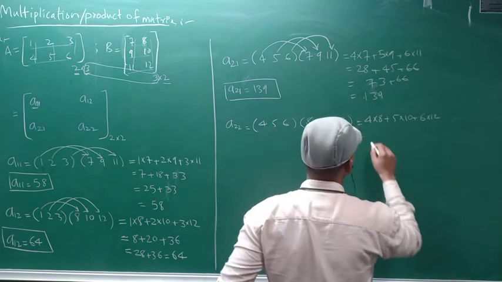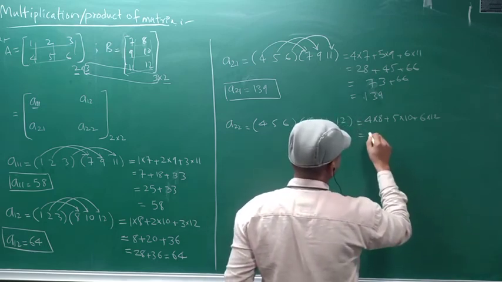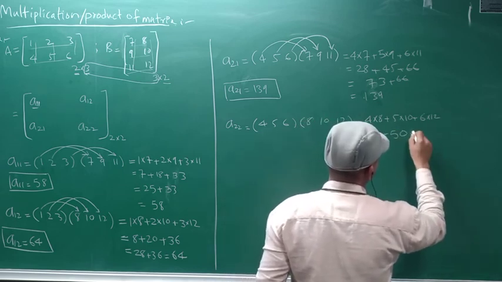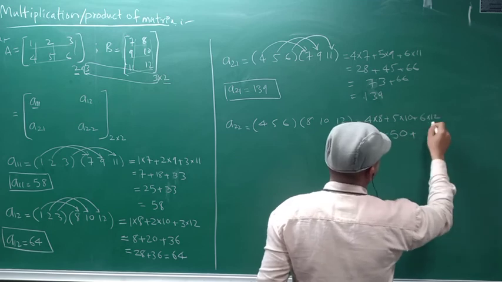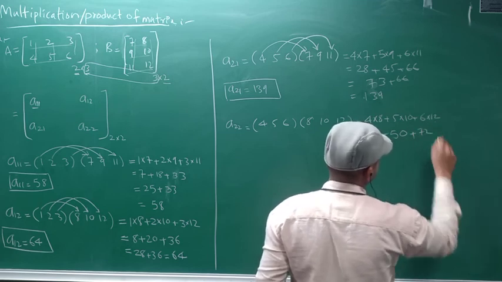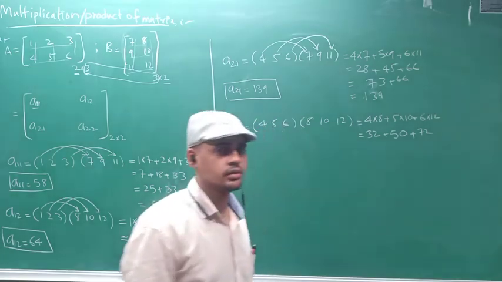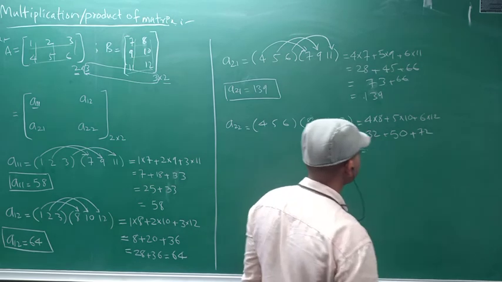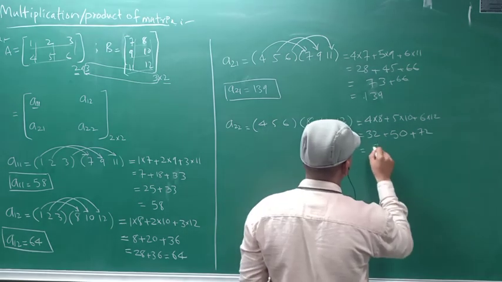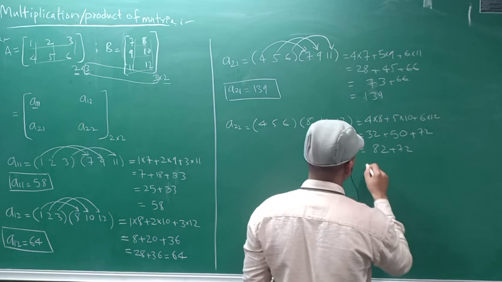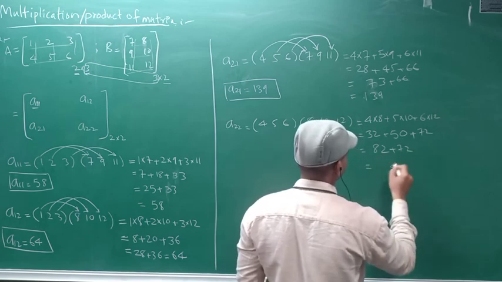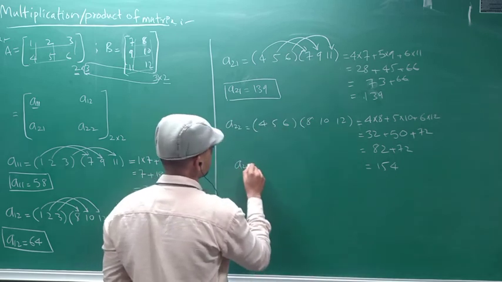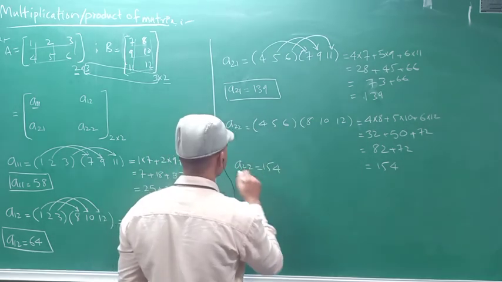So 4 8s are 32, 5 10s are 50 and 12 6s are 72. Now let's add them. It's 82 plus 72, that is 154. So here I got A22 as 154.